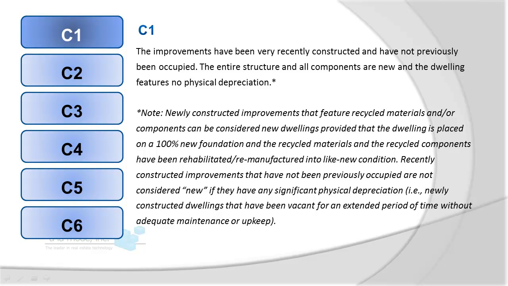Well, you can do that. You can take a house that used rehabilitated, remanufactured, or recycled components as long as they are A, in like new condition, and B, are on a 100% new foundation. Then, if you want to, you can call it a C1. Otherwise, if it's not on that 100% new foundation, then you can't call it a C1.